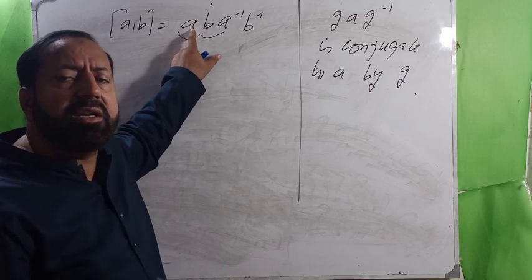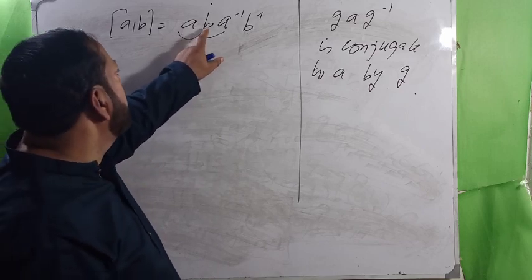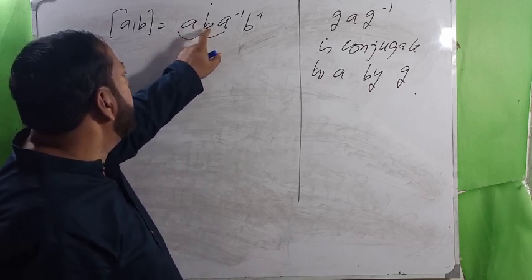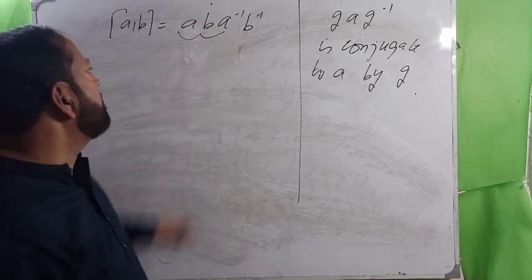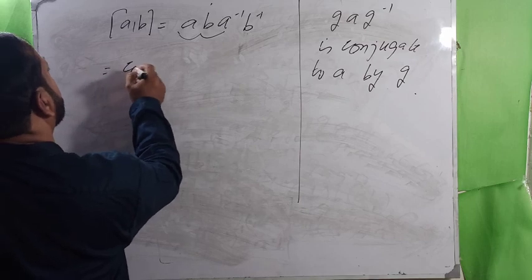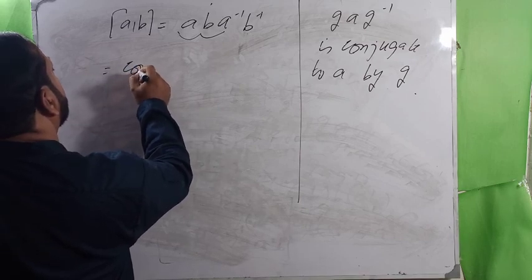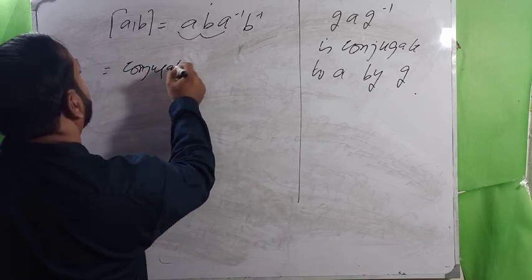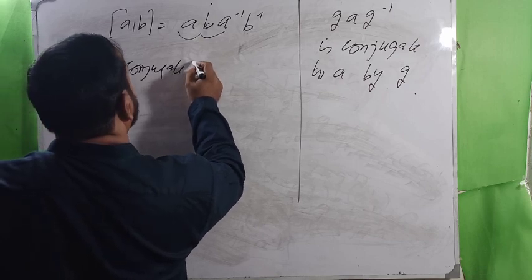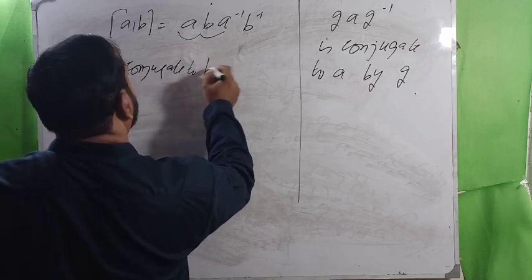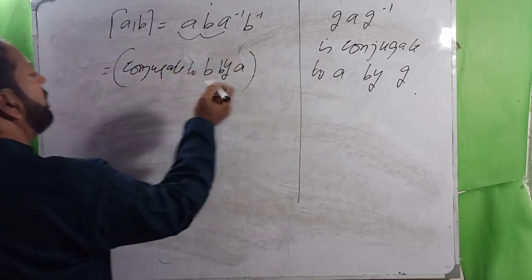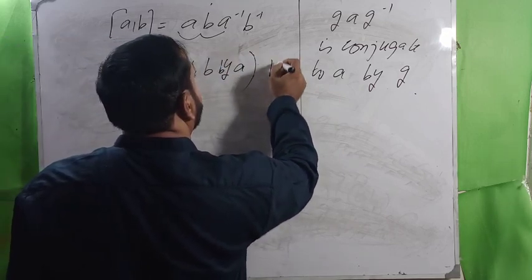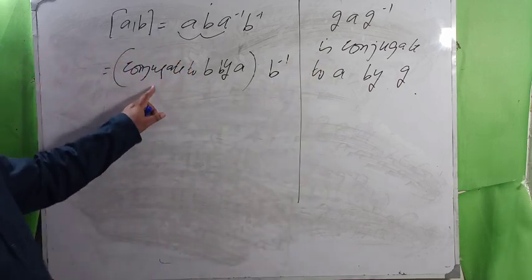If you take the conjugate element of B by A and then multiply by B inverse, look at this. So what is this?